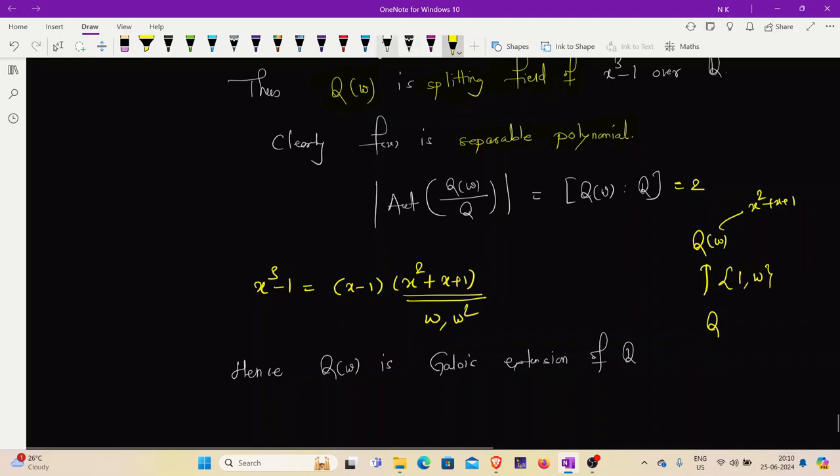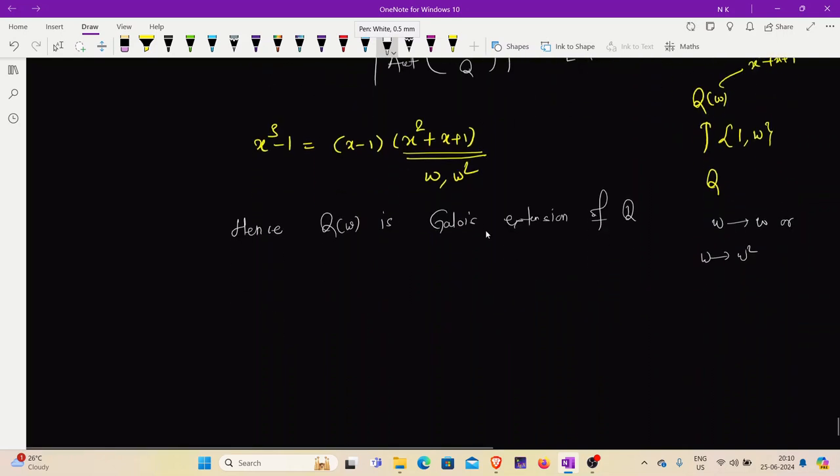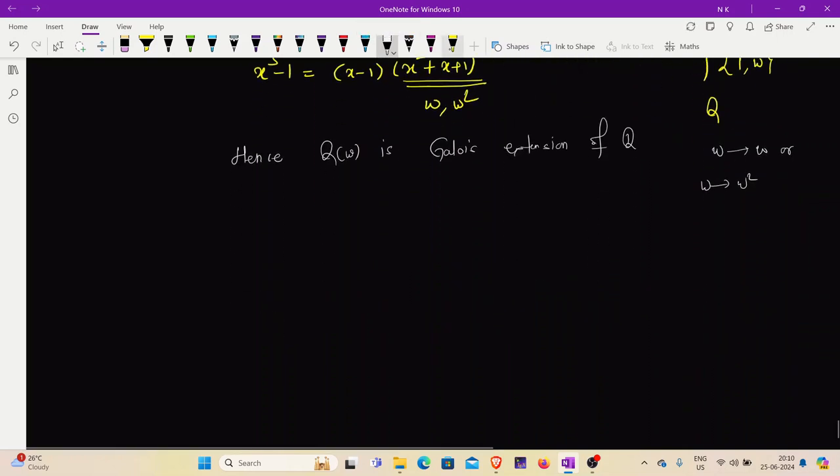On the other hand, if you are asking about automorphisms, then any automorphism of Q(omega) can be obtained by the image of omega, because omega is the element attached to Q. So omega can map to omega or omega can map to omega square. Based on this, I can write two distinct automorphisms of Q(omega) over Q. The first one: 1 maps to 1 and the basis element omega maps to omega, which is the identity automorphism.